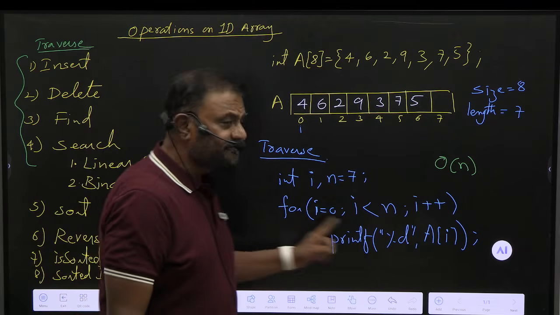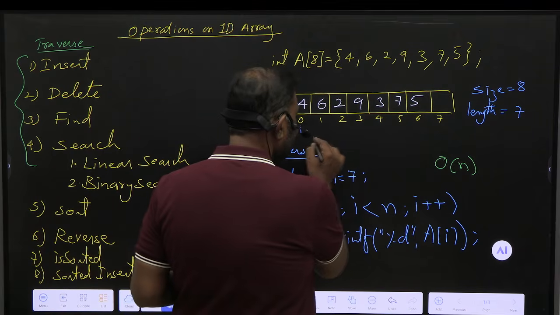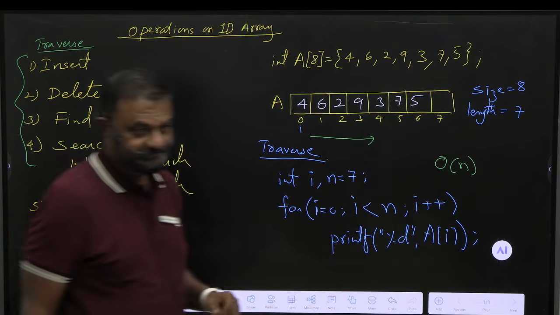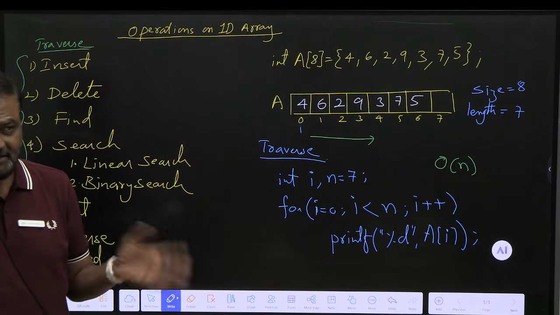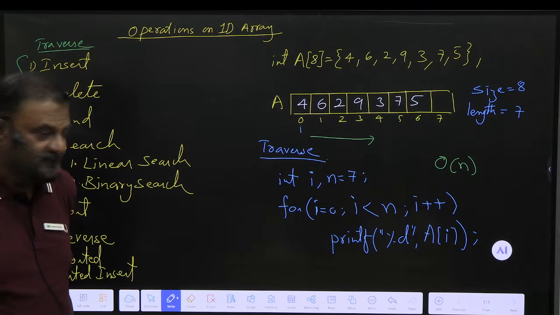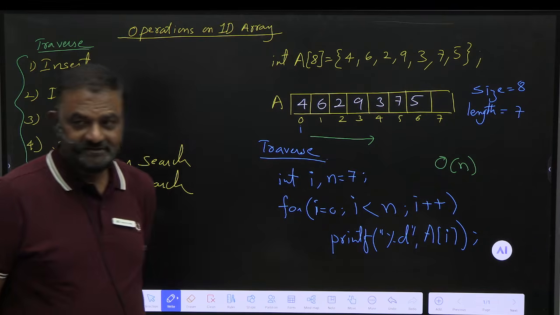So this is the code for traversing an array from left to right. Can you traverse in the backward direction also? Yes, you can traverse in the backward direction also. So traversing, you can note down this one, then we'll move further.